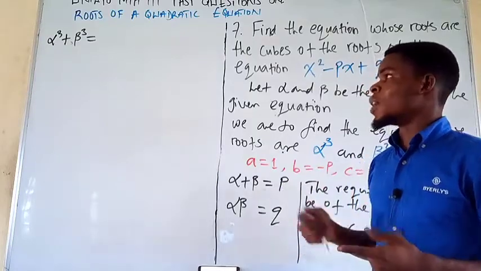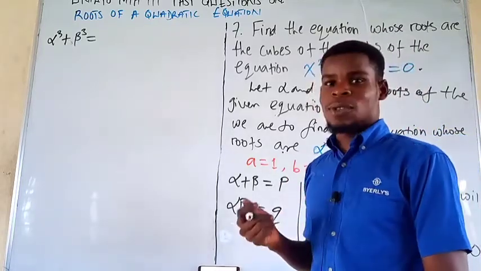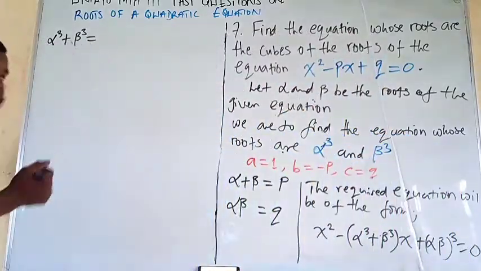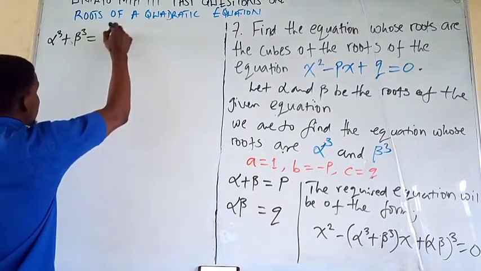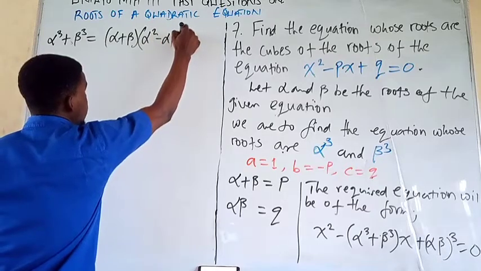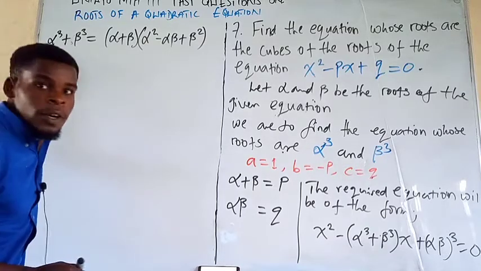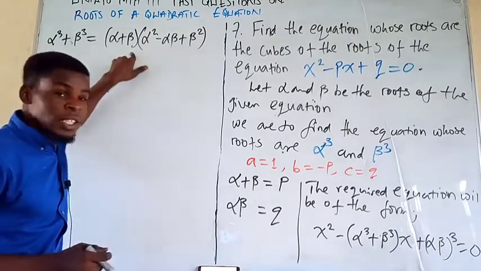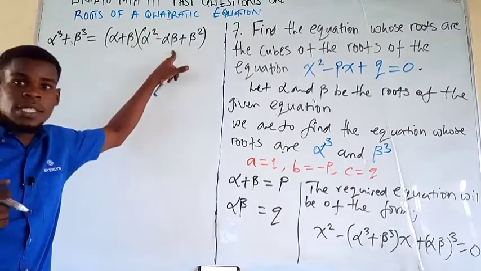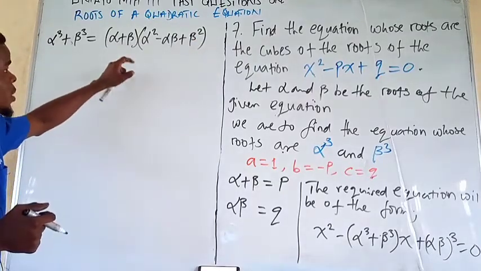All I want you to know is that when we have alpha cubed plus beta cubed, it is the same thing as alpha plus beta times alpha squared minus alpha beta plus beta squared. You can factor it that way.